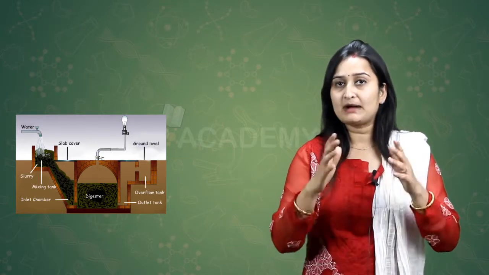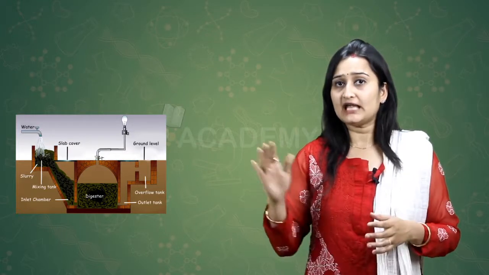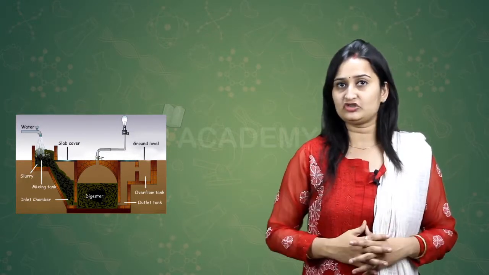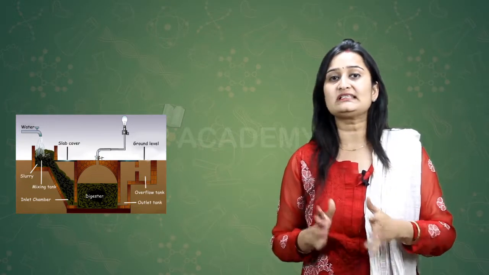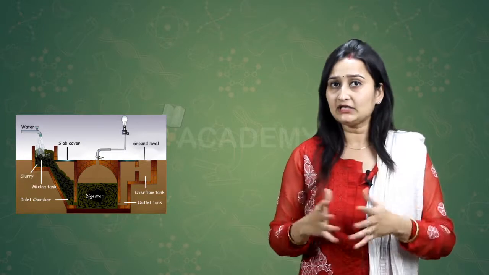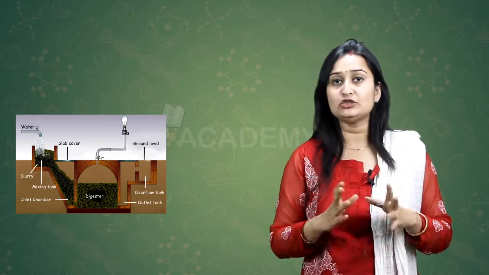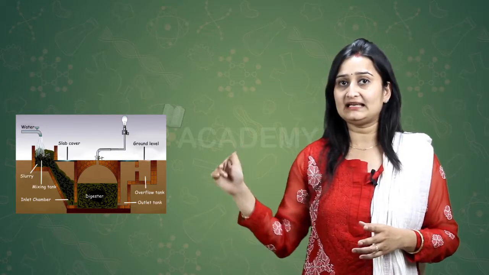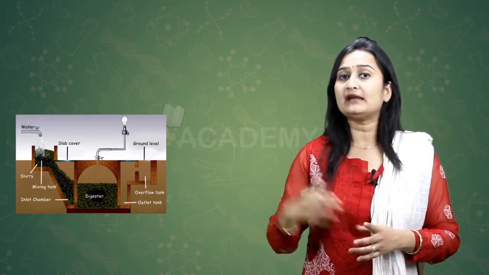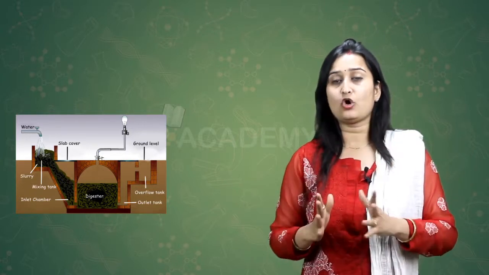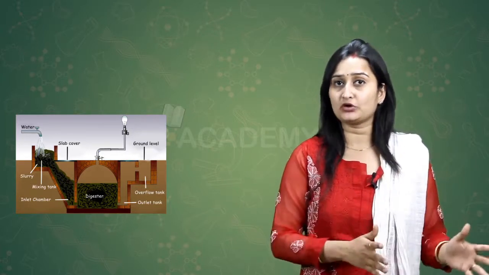When this slurry is passed on to the digester, then to the other side, the outlet chamber is also there. Through the outlet chamber, the unused slurry which is not in use is taken out. That unused slurry is basically used as a manure. Apart from that, the inlet chamber is connected to the mixing tank and the outlet chamber is connected to the overflow tank. So these all sections have their important application.